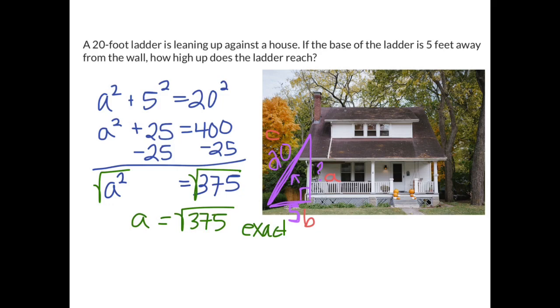If you wanted to approximate it and you prefer decimals, then we would say A is approximately 19.36. This is approximate measurement, and I need to put feet here for both of those. So the green answer is exact because it is still as a square root, and then the purple answer is your approximate because you had to round a decimal.